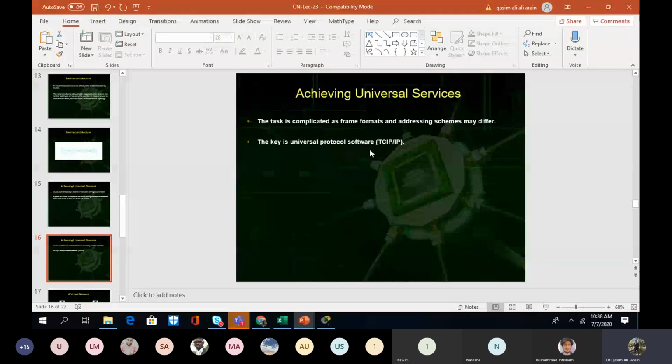So in order to communicate with each other, we must have a protocol suite that would help multiple sites to communicate with each other without any difference. ठीक है, कोई इशू नहीं होना चाहिए. आपका डेटा फॉर्मेट different है, आपका फ्रेम फॉर्मेट different है, वो सारे जब एक प्रोटोकॉल के ऊपर बात करेंगे तो कोई कम्युनिकेशन disruption नहीं होगी. And that particular universal protocol format is known as your TCP/IP protocol format, right? That is called Transmission Control Protocol and Internet Protocol, TCP/IP, right?